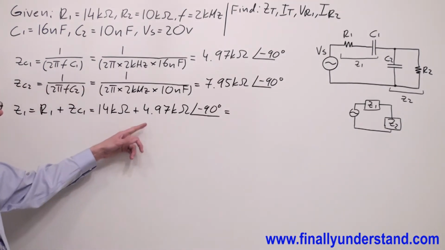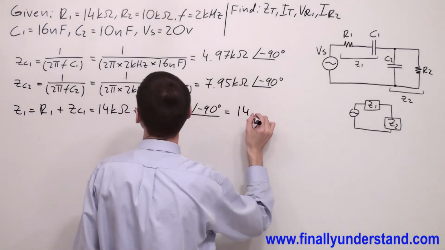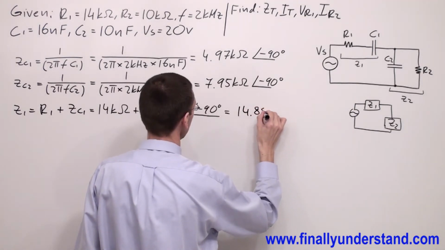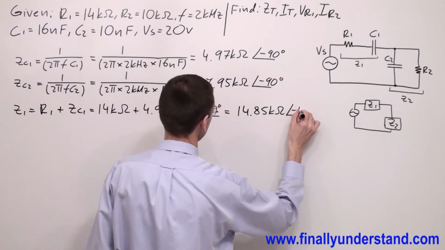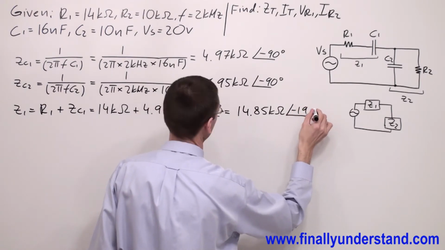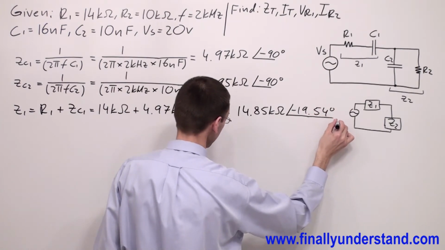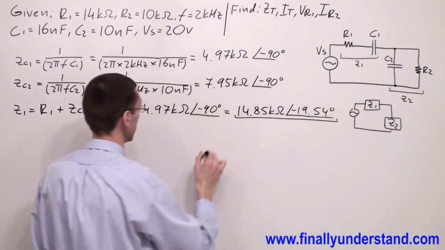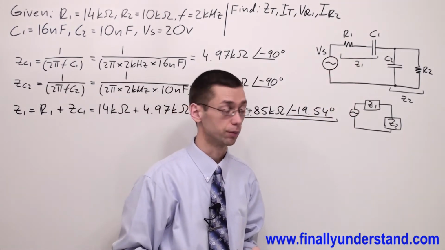Use the calculator. You're supposed to obtain the value of 14.85 kilo ohms and angle of negative 19.54 degrees.